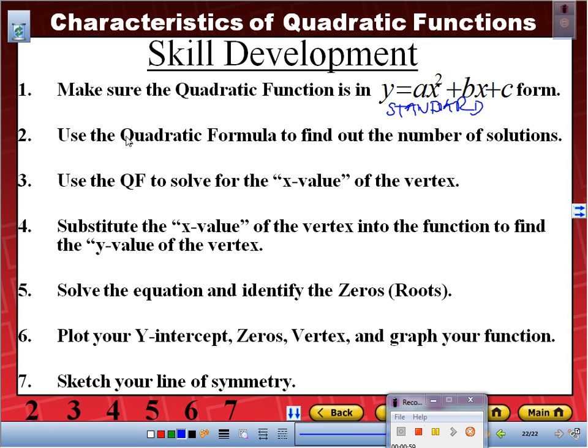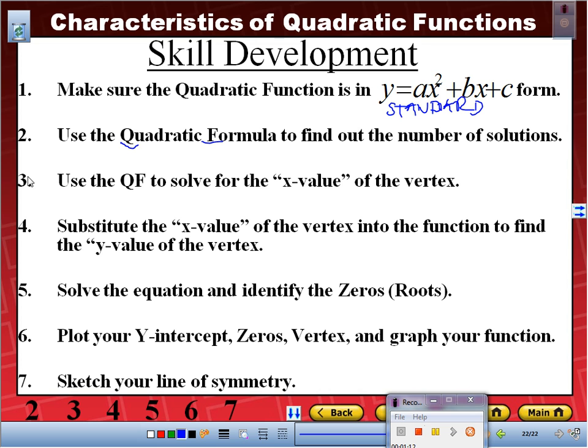Step 2, using the quadratic formula, we're going to find how many solutions are in that equation. Now, from yesterday, we saw some patterns, but this is going to tell you from the very beginning how many different intercepts you will have for that equation, okay?